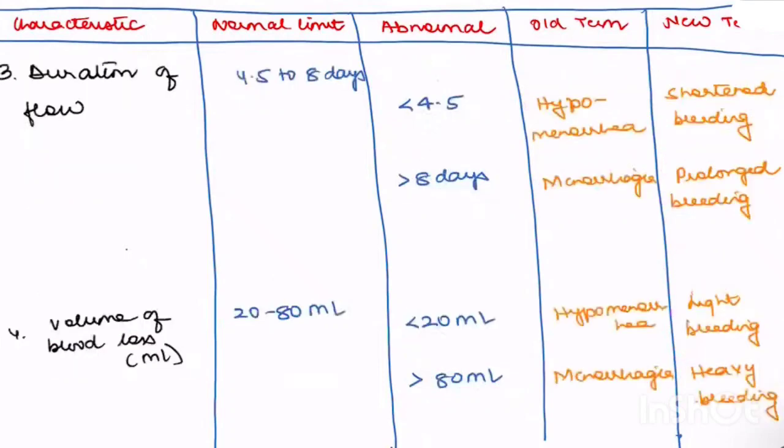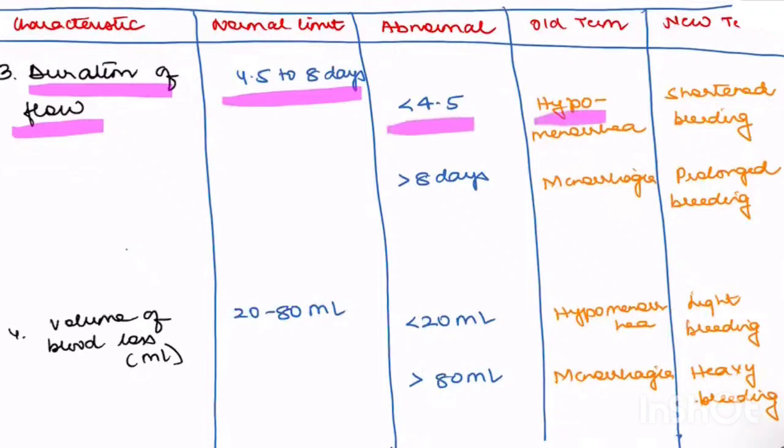Then duration of flow. The normal duration of flow is between 4.5 to 8 days. If flow is less than 4.5 days, it is hypomenorrhea, and if it is more than 8 days, menorrhagia.